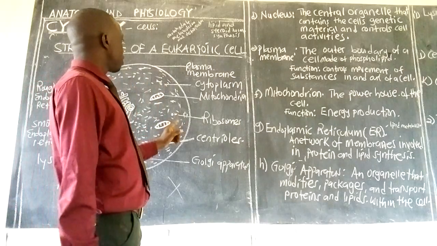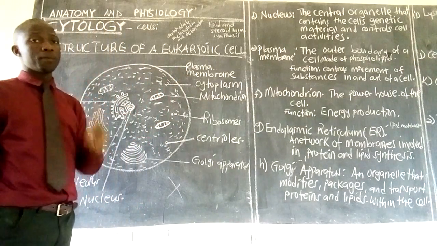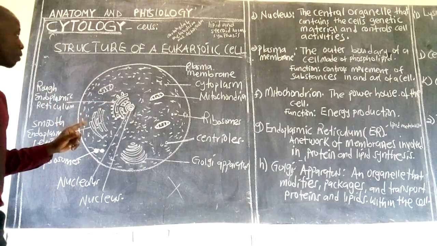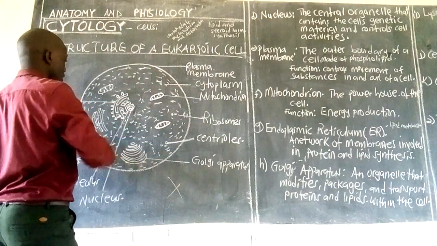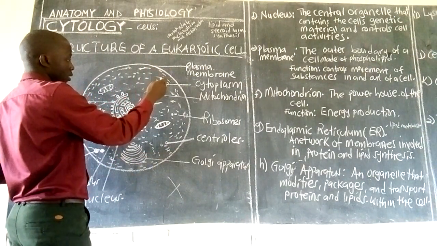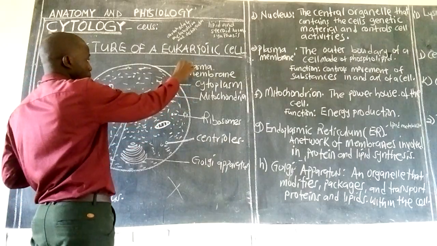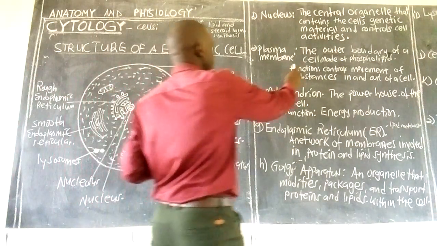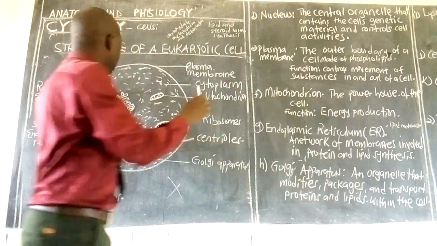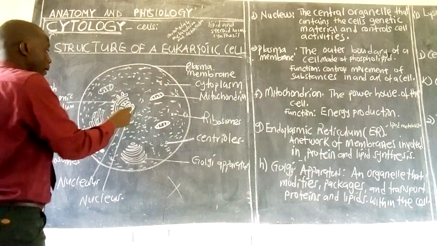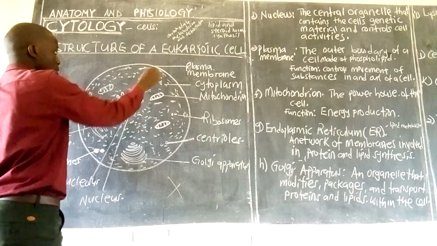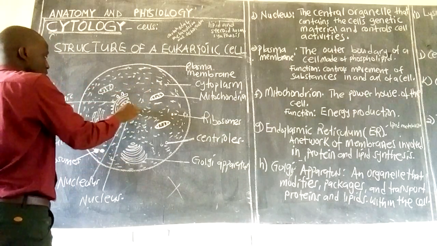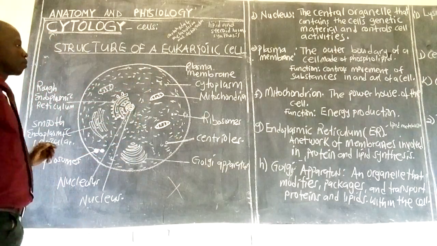The first component is the plasma membrane, and the plasma membrane is that outside covering. Like I've said, it has three, let's have it in order. So, we have the plasma membrane, the nucleus, and the cytoplasm.